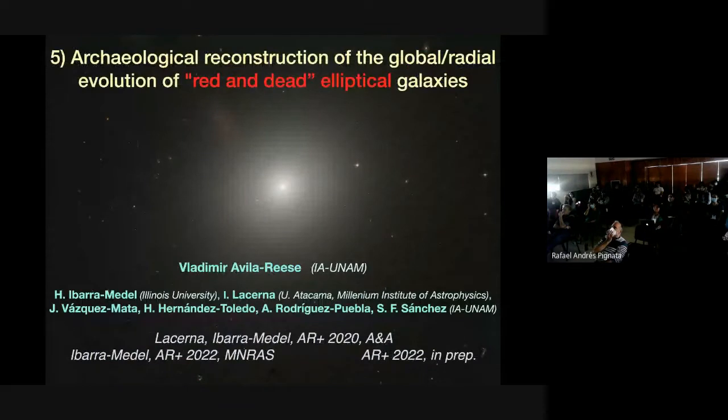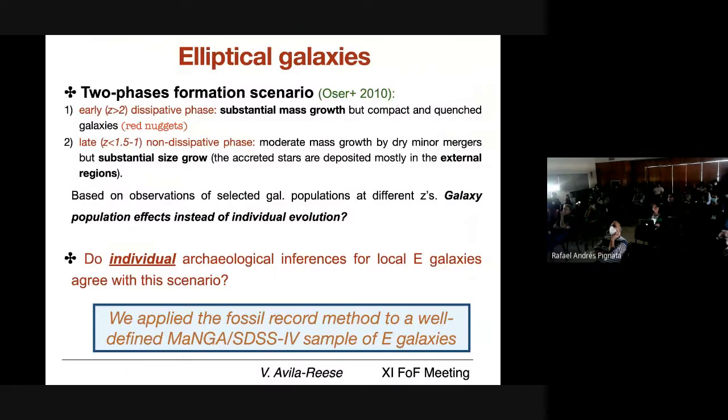Let me now go to another series of works that we are doing with elliptical galaxies. We can select elliptical galaxies and see how the archaeological evolution of these galaxies goes. You know the scenario of elliptical galaxy formation: ellipticals have a very early dissipative phase, when galaxies grow by major gas mergers and form very compact, quenched red nuggets.